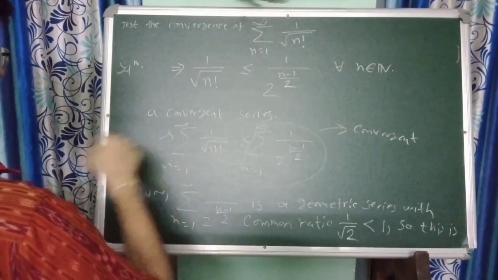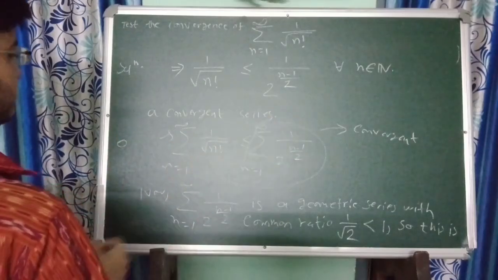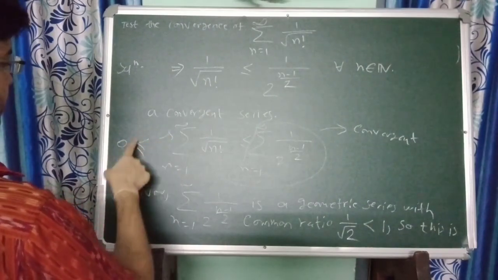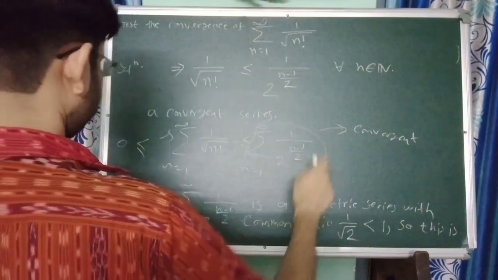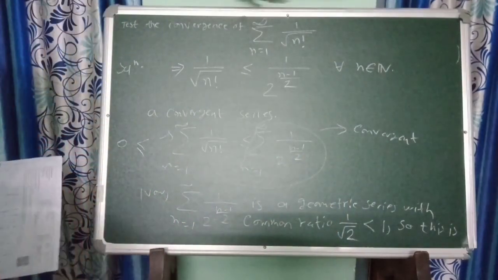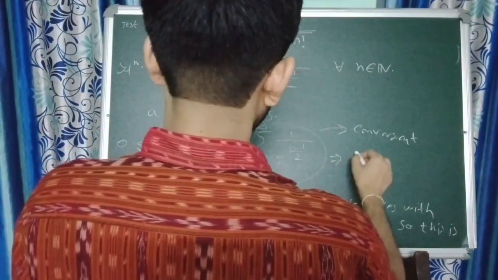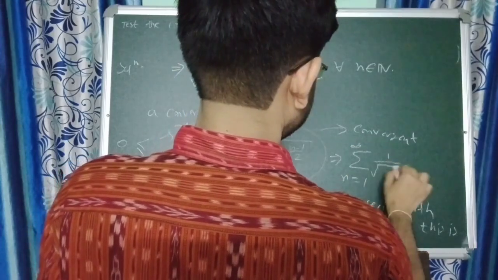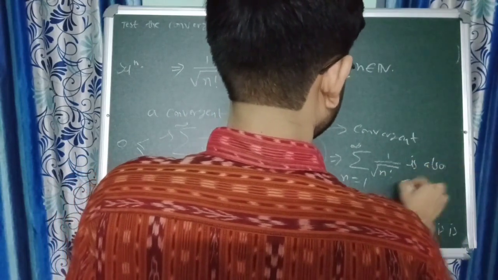Since n belongs to the natural numbers, this is greater than or equal to 0, and since this is convergent, we say that summation n equals to 1 to infinity 1 by square root of n factorial is also convergent.